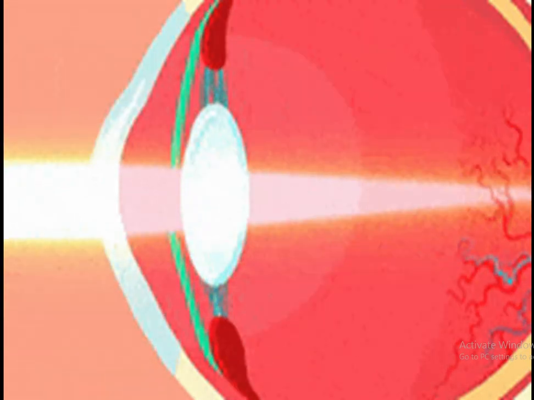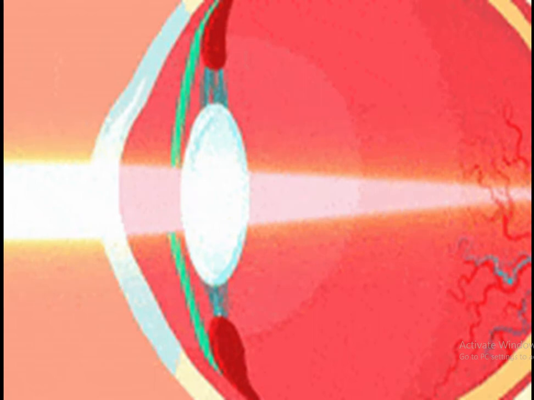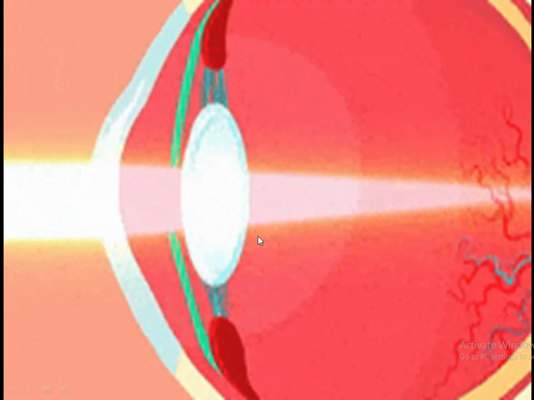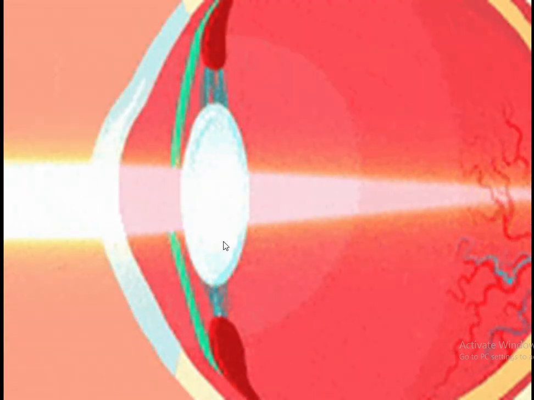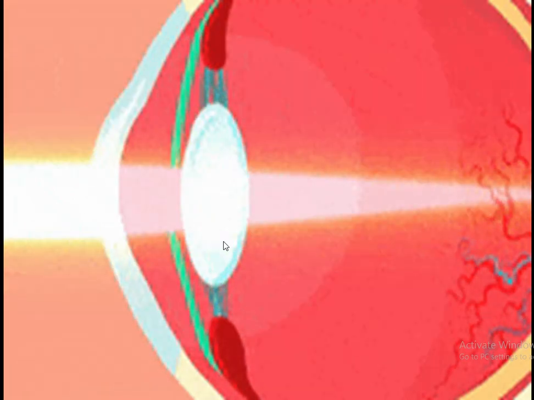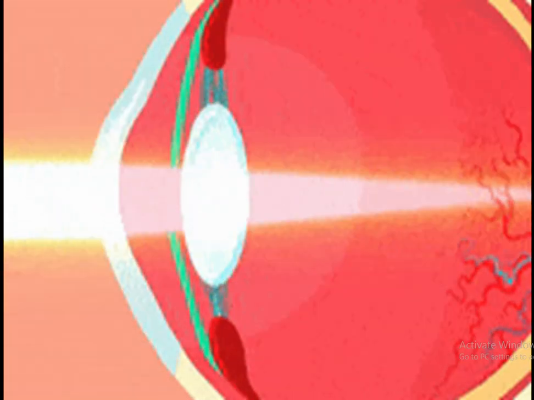You can see the dimness and sharpness of the light. The change occurs due to the size of the pupil. Otherwise, the surface of the cornea and the lens are fixed. They are not going to be changed according to the intensity of the light. It is just the pupil which is going to be changed.